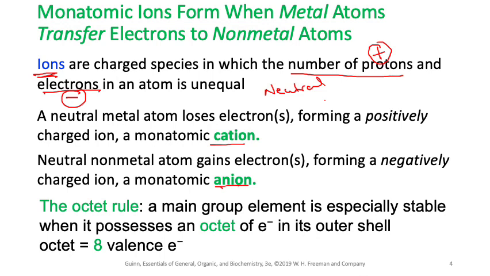But if an element has an unequal amount of protons and electrons, that element always has some kind of net charge. We're going to talk about this in the upcoming slide.